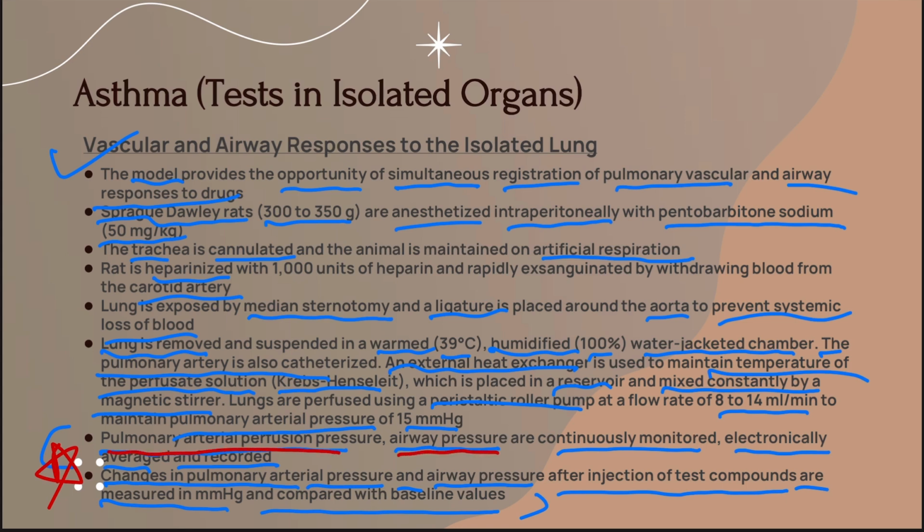These are monitored continuously and averaged. From this we get the baseline values, and after injection of the test compound, we again check for the changes in the pulmonary arterial pressure and the airway pressure, and again average them to obtain the values seen when the test compound has been given. So this is about the vascular and airway responses of the isolated lung.